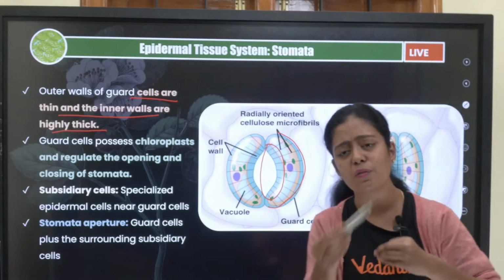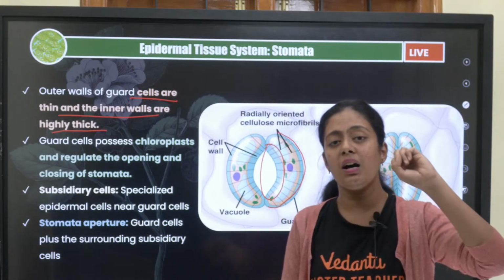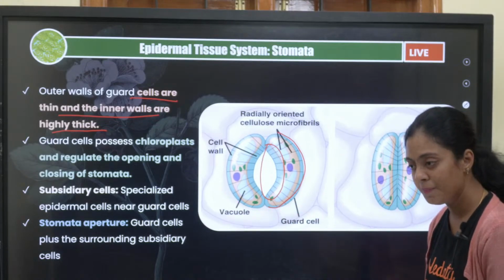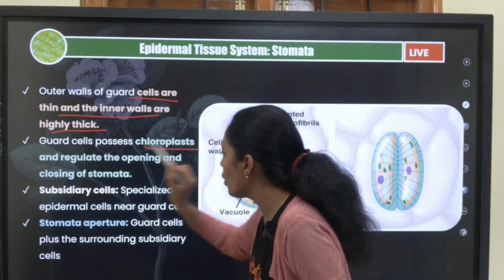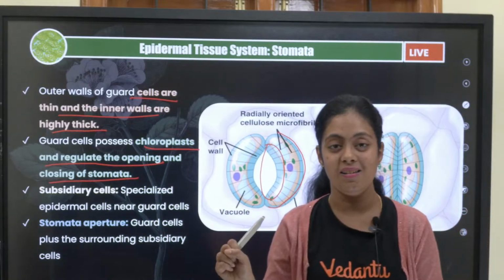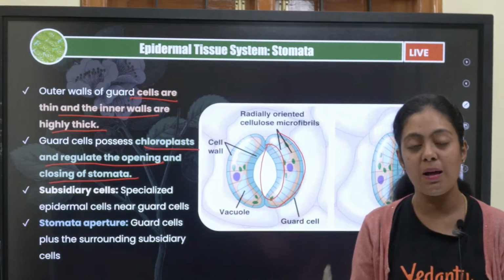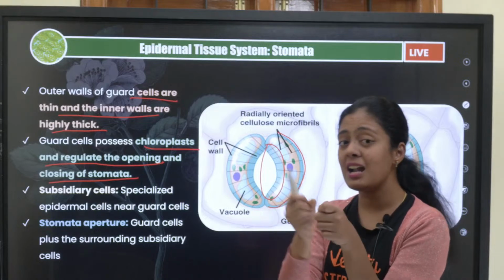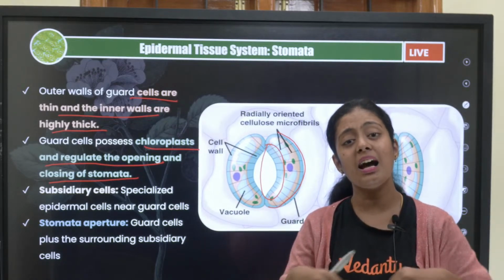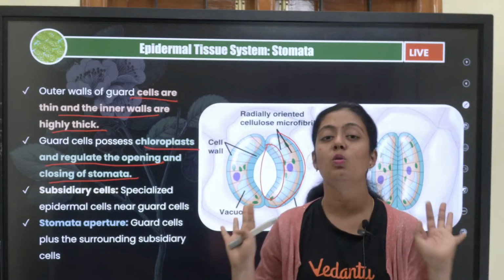Earlier, a lot of questions used to be asked only from secondary growth. Now that it is removed, many questions can be asked from here. Guard cells possess chloroplast and regulate the opening and closing of stomata. Understand this clearly. When the guard cell is turgid, the stomata will open. When the guard cell is flaccid, the stomata will close.